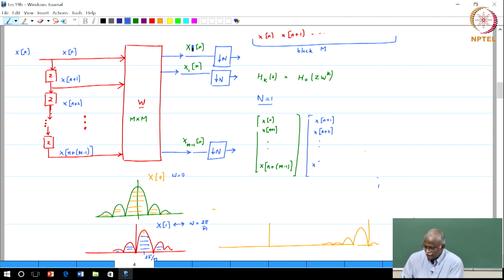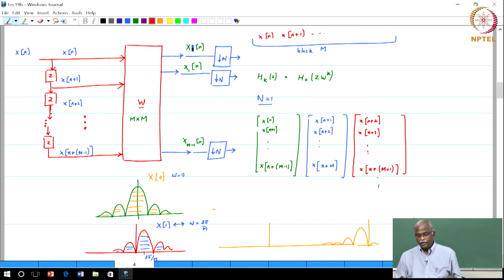The last sample will be x of n plus m, and so on and so forth. Maybe just write one more so that things will become clearer when we do the explanation. So the next one would have been x of n plus 2, x of n plus 3 dot dot dot x of n plus m plus 1.